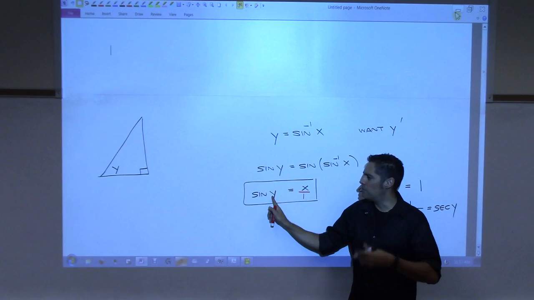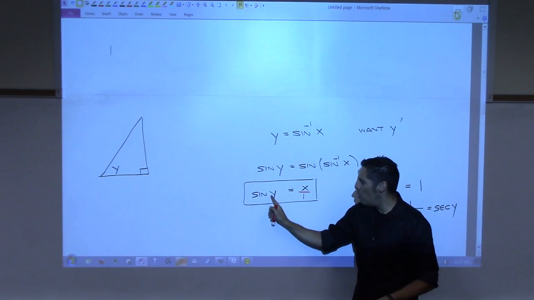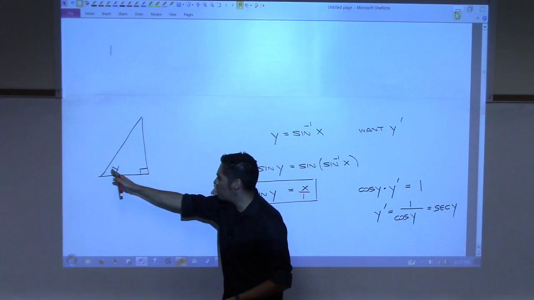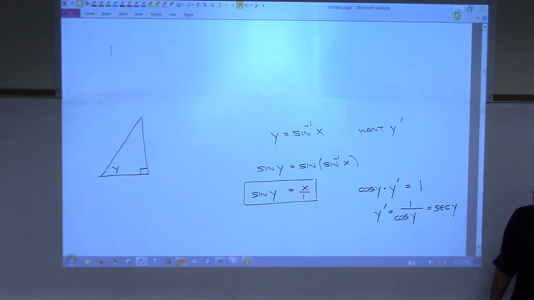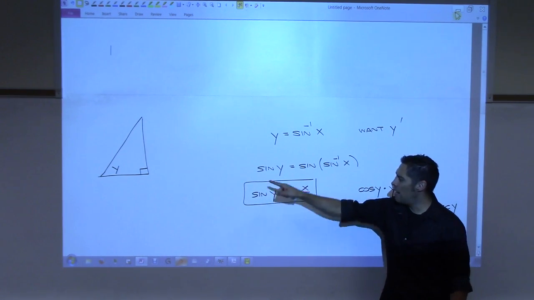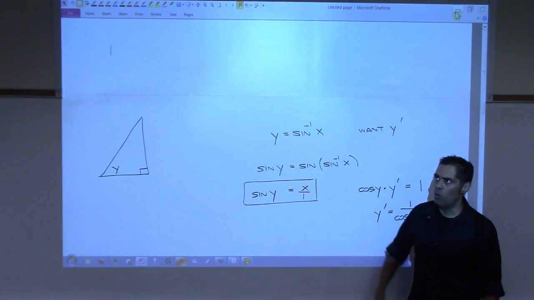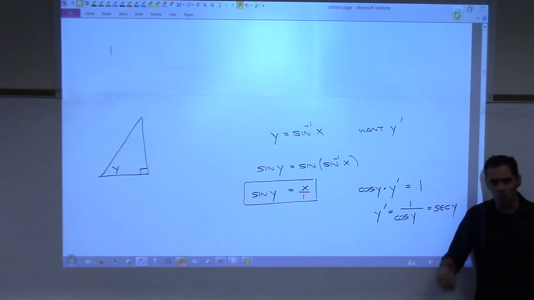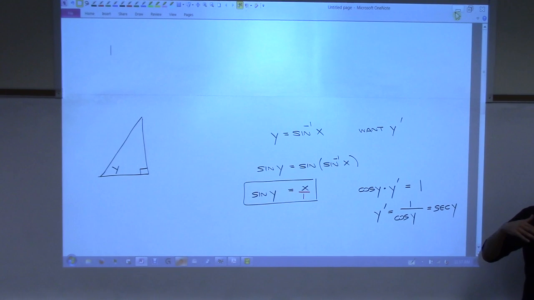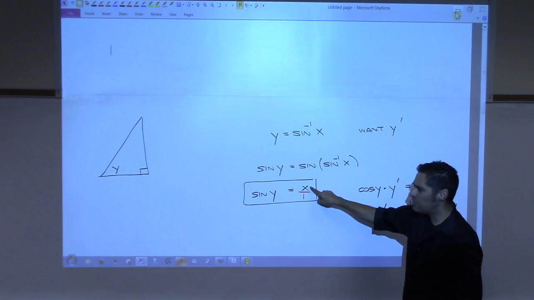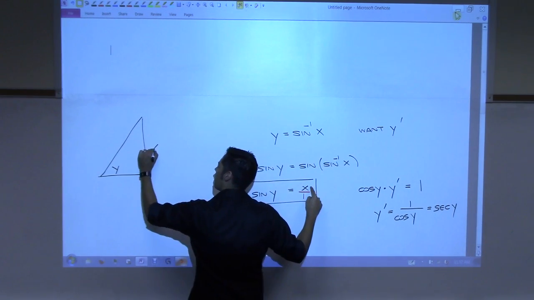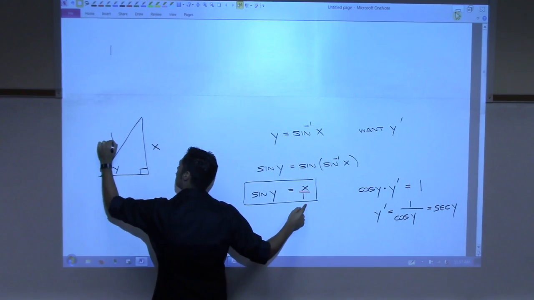Like sine of pi or sine of pi over 4. Sine of y means that this is an angle in this triangle. Could I fill out the rest of the triangle now? I'm saying that sine of that angle must be x over 1. What is sine on a right triangle, by definition? Opposite over hypotenuse. Right? So I could fill out x as being my opposite side and my hypotenuse as being 1.